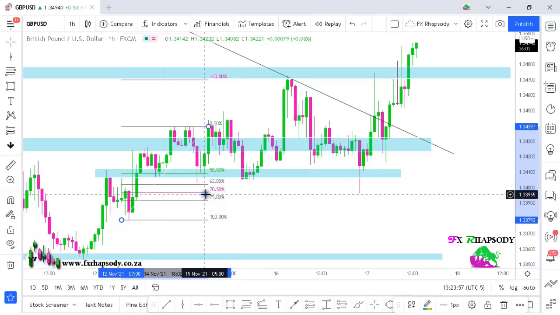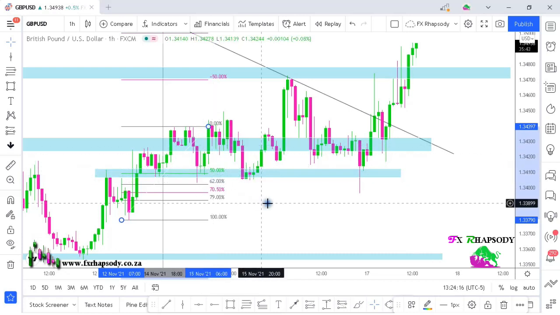I'm always waiting for price to hit that 62% area at least before I will place a trade, be it buy or sell. As you can see, price coming down did not hit that 62% area. Price just pulled back and carried on. So that was a no trade.